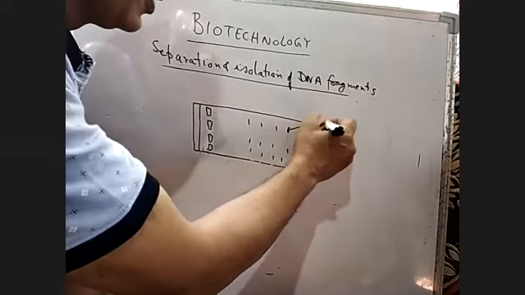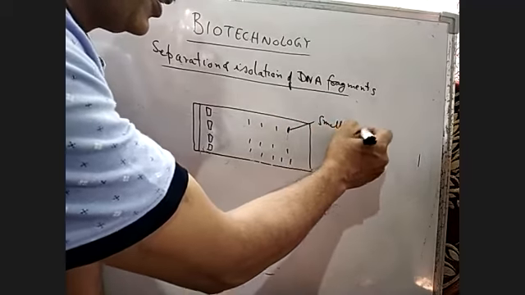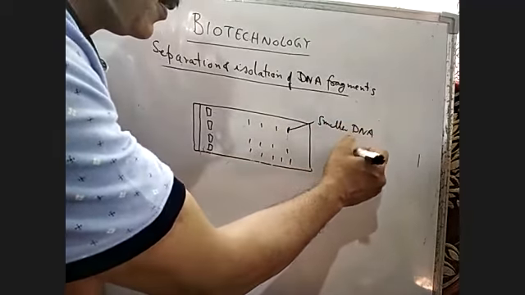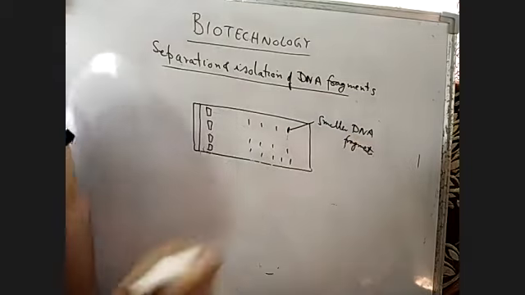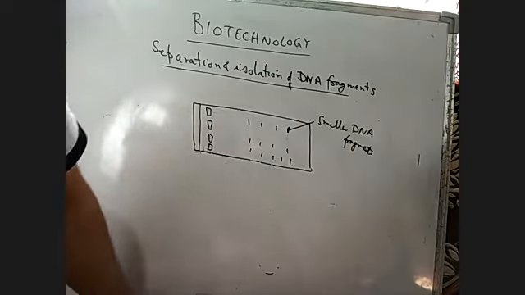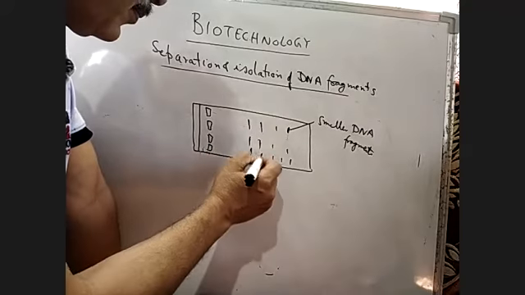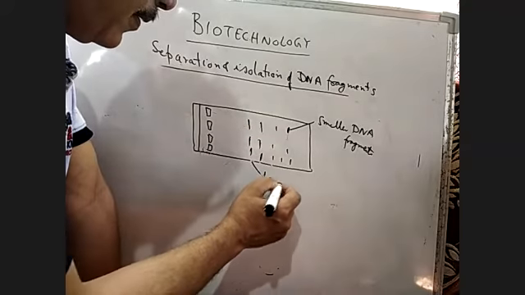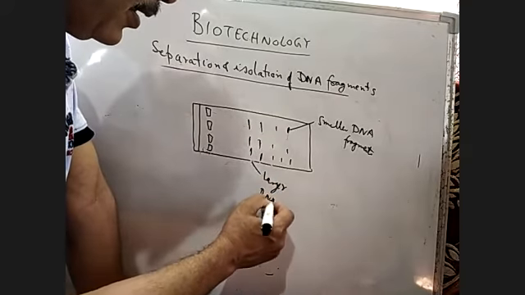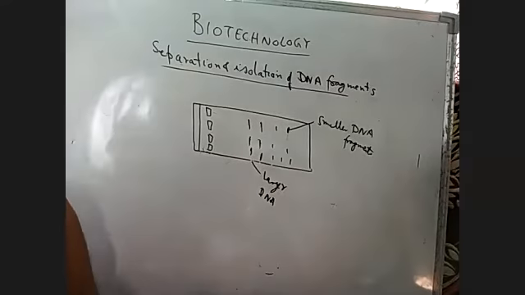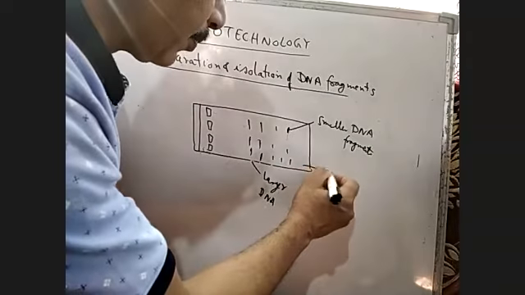These are smaller DNA fragments, and these are the larger DNA fragments. This side is the anode, the positive electrode.